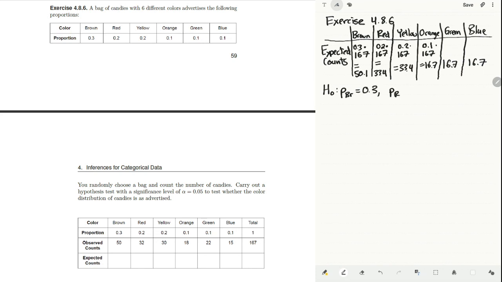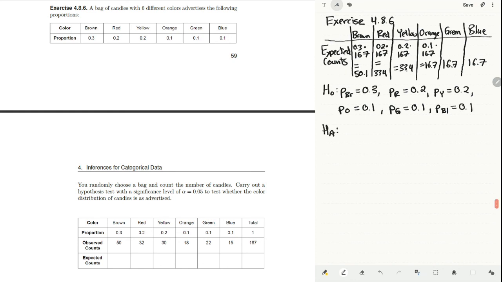The proportion of red candies will be equal to 0.2. The same is for yellow candies. And then the proportion for orange is 0.1. The proportion of green candy is 0.1. And the proportion of blue candies is 0.1.